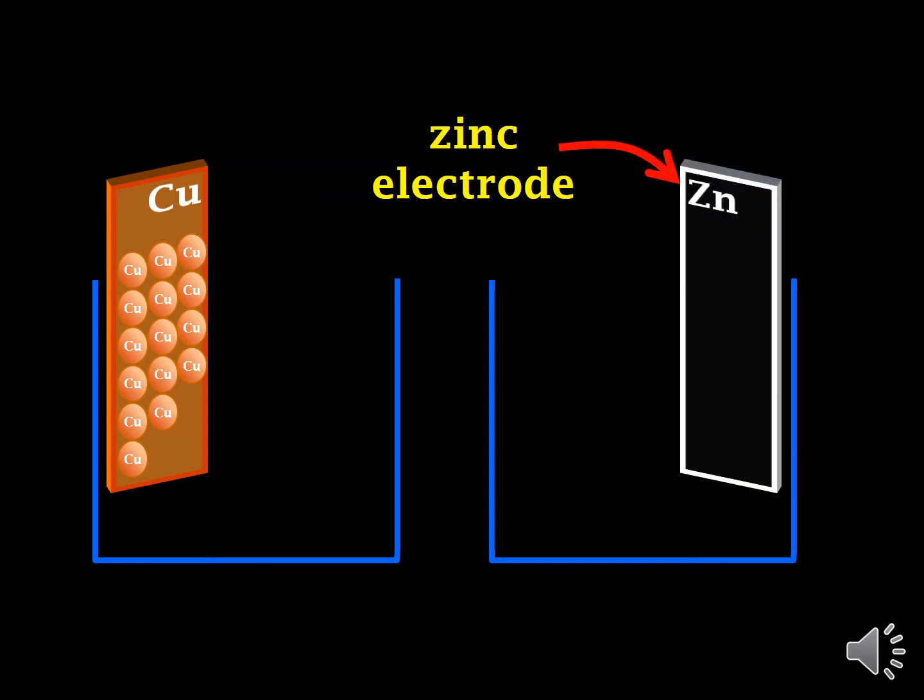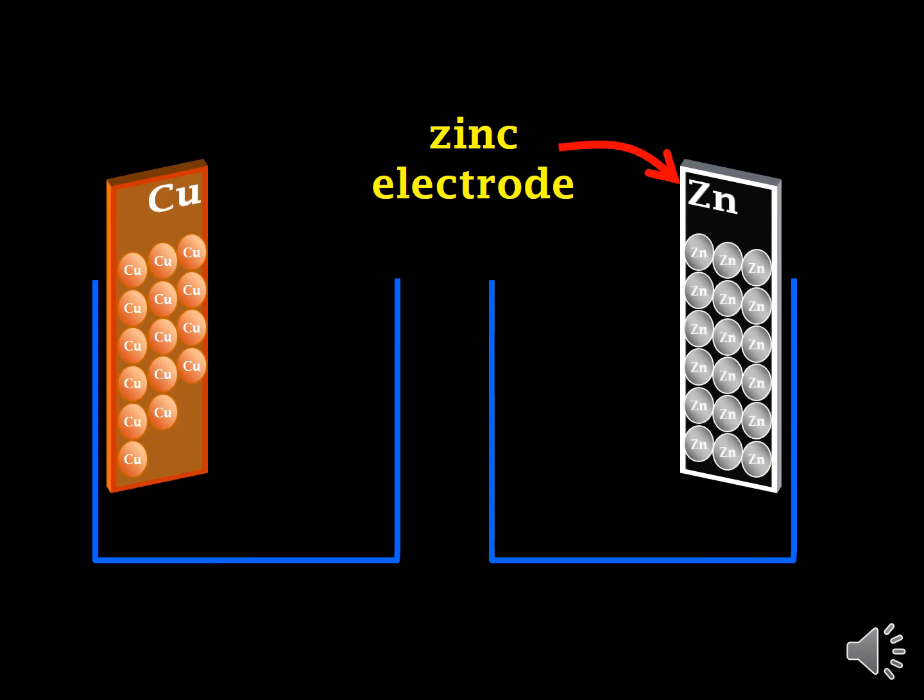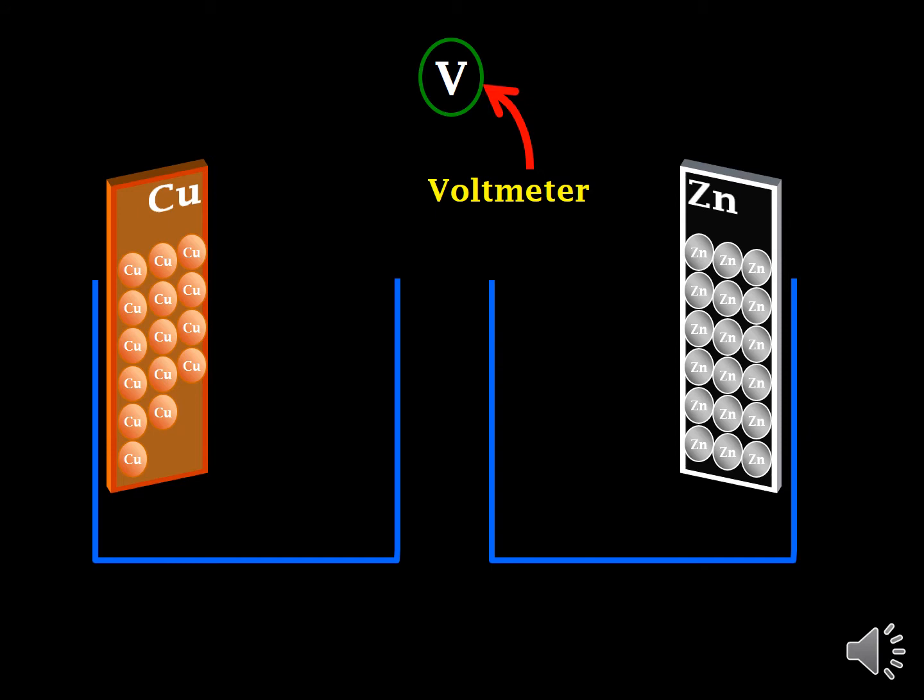In the second container, we are taking the zinc electrode, and this zinc electrode is made up of zinc atoms. Now we connect both of the containers with a voltmeter, which is used to measure the voltage of the cell.